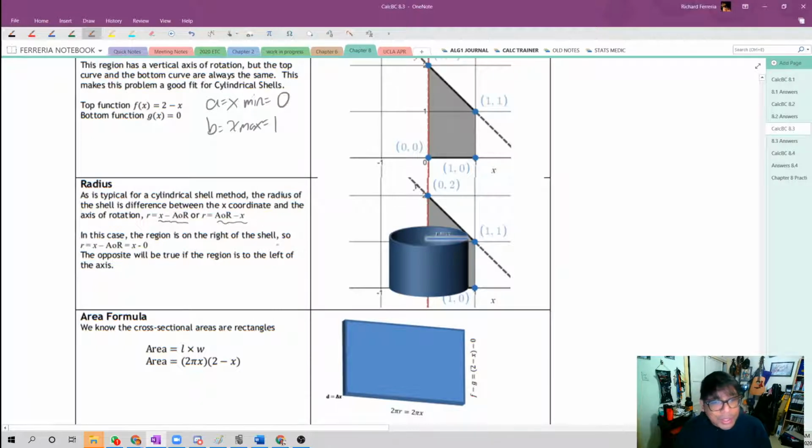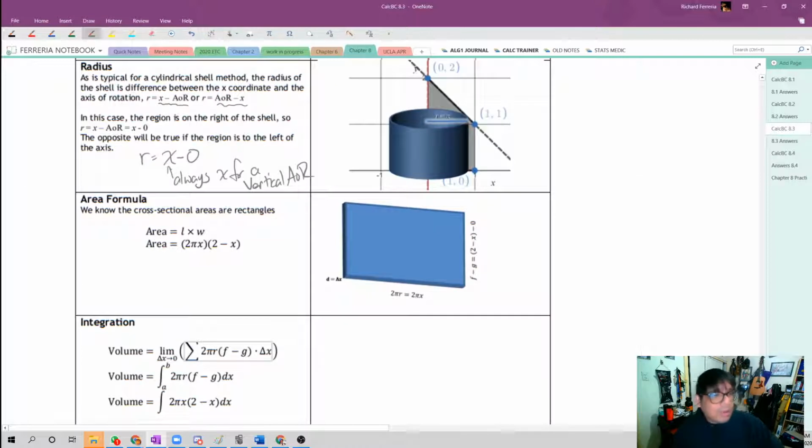So in this case, since our axis of rotation is 0, our radius is going to be x minus 0, always x, for a vertical axis of rotation.